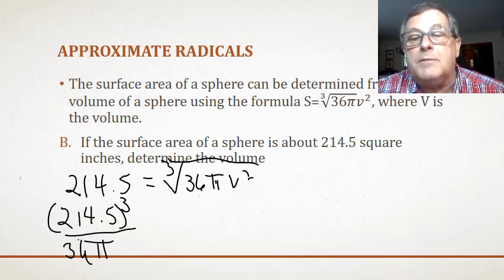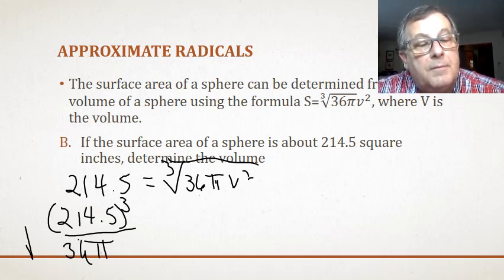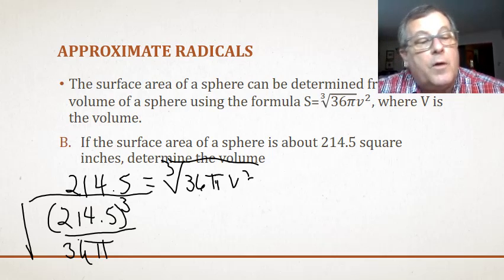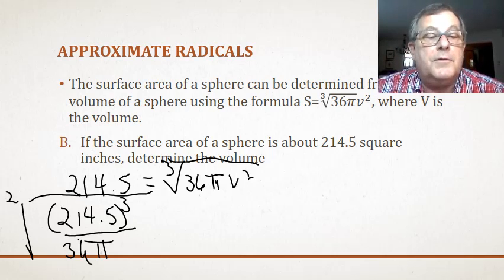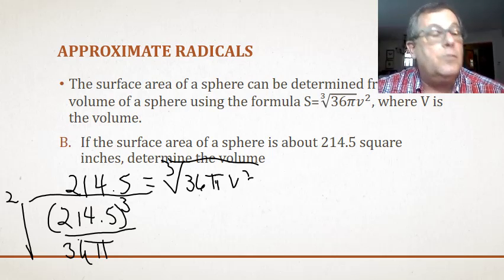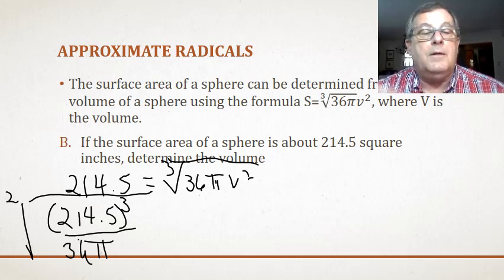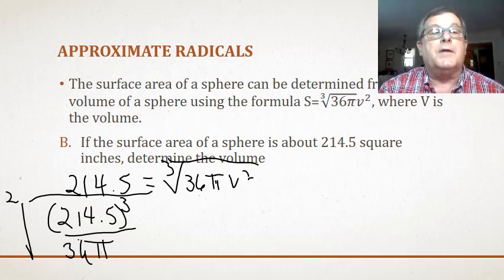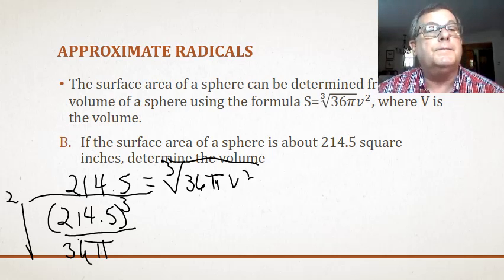But I'm solving for V, so I'm going to end up taking the square root of 214.5 cubed divided by 36 pi. And again, we'll jump over to the calculator and give it a go.